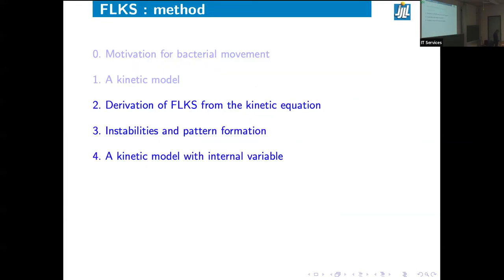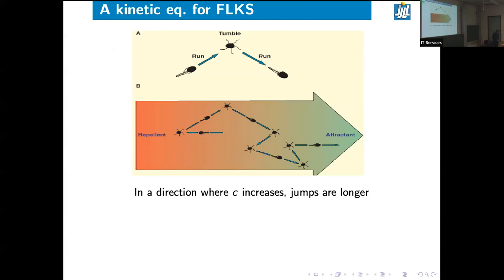So the real kinetic equation for the flux-limited Keller-Segel equation is a little bit different. It has the same flavor, but it is more accurate in terms of biology. And that's what I explain now in this section. So what do cells do? They move, they run and tumble.